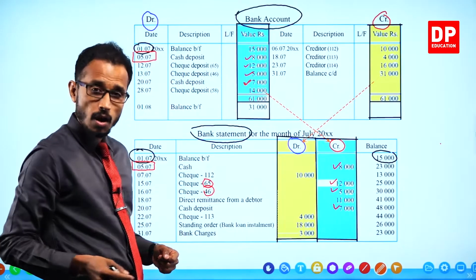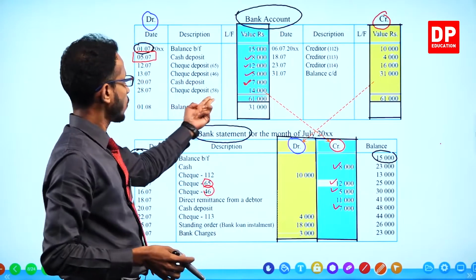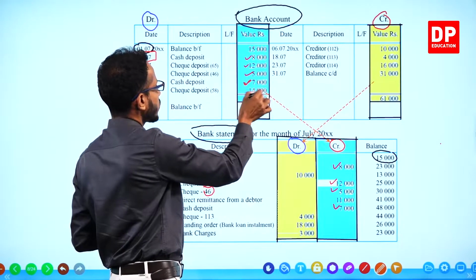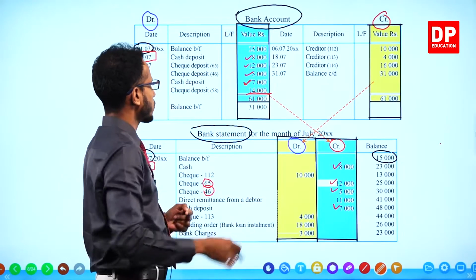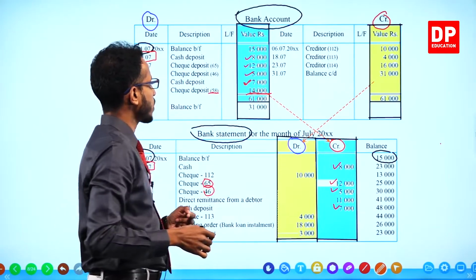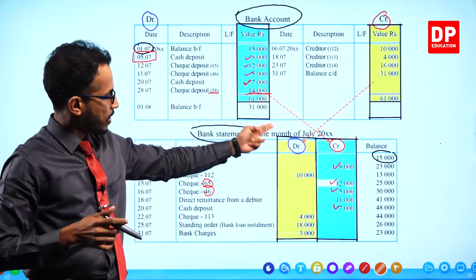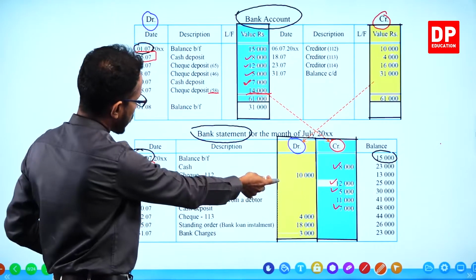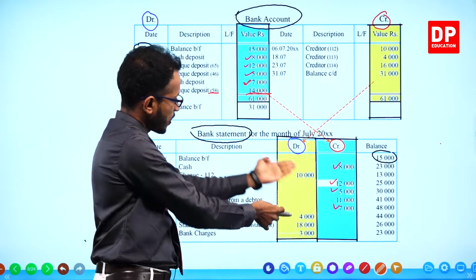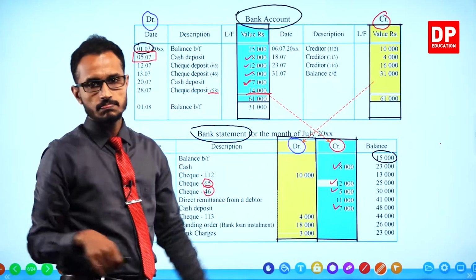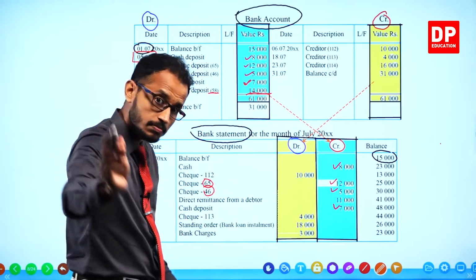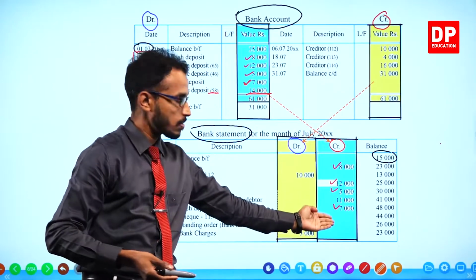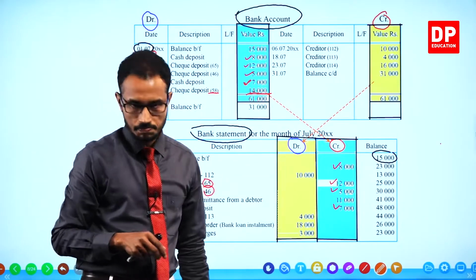Finally, we have one more check here. Check number 58, 14,000. This is what I'm talking about. Is it there in the credit column? No, it's not there.